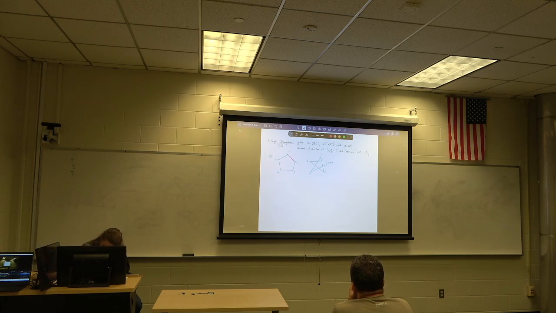So 1, 2 maps to this one, 2, 3 maps to this one, 3, 4 is here, 4, 5 is here, and then 5, 1 is here, right? So this is one example of two graphs that are isomorphic to each other under this mapping, given by the colors.